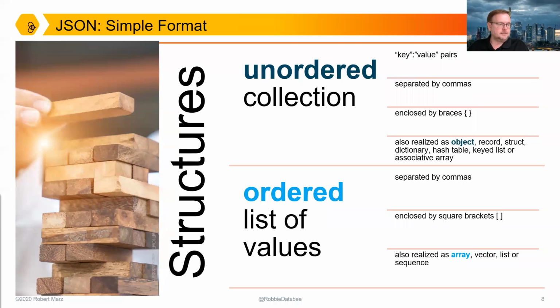Those are, again, separated by commas, and you put them in square brackets. If you do this, you have an array as in other programming languages. The important thing about arrays in JSON is that they are ordered, which means the sequence of those elements is important. If you change the sequence, you will get another JSON document. We will have a look at an example of that later on in this talk.